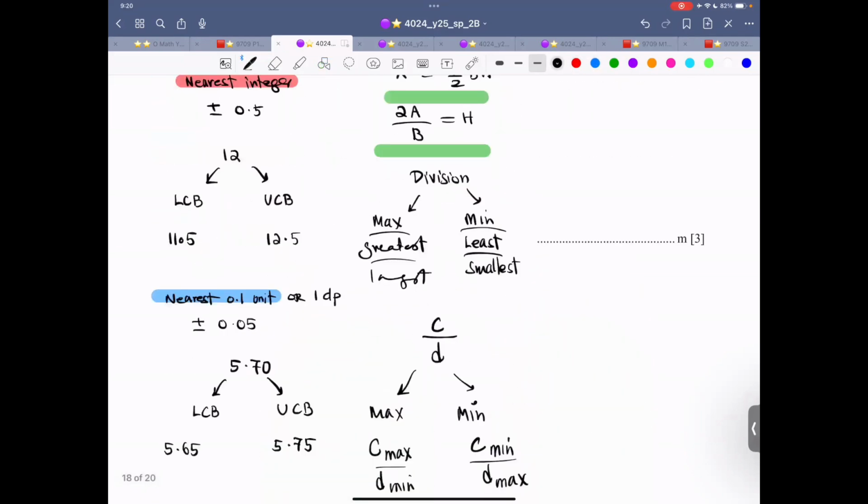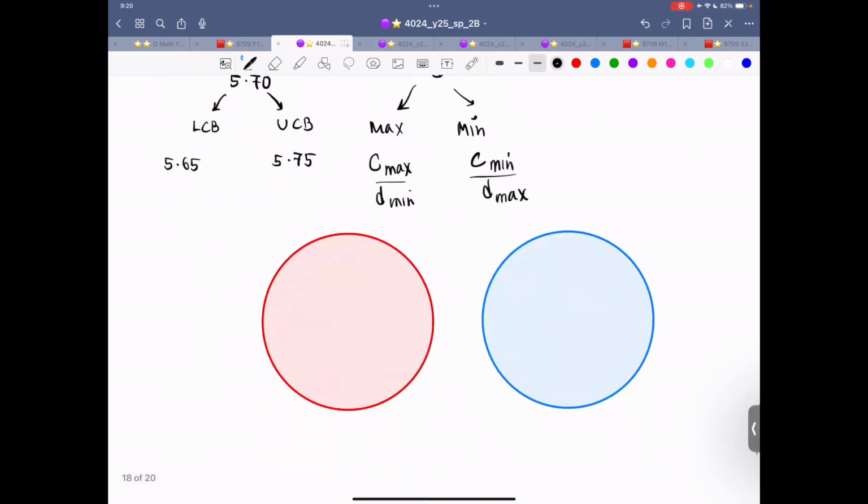Over here, if I'm talking about height, H is 2A over B. So for the maximum value of H, that is 2 times A maximum divided by B minimum. For H minimum, that is 2A minimum divided by B maximum.